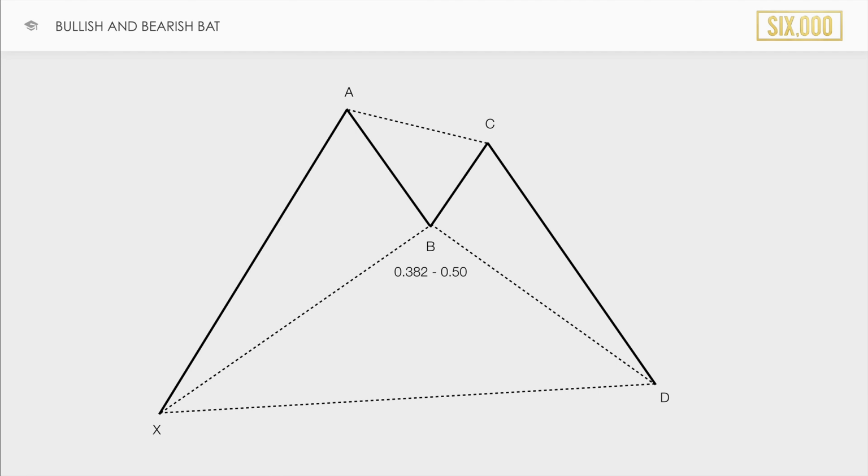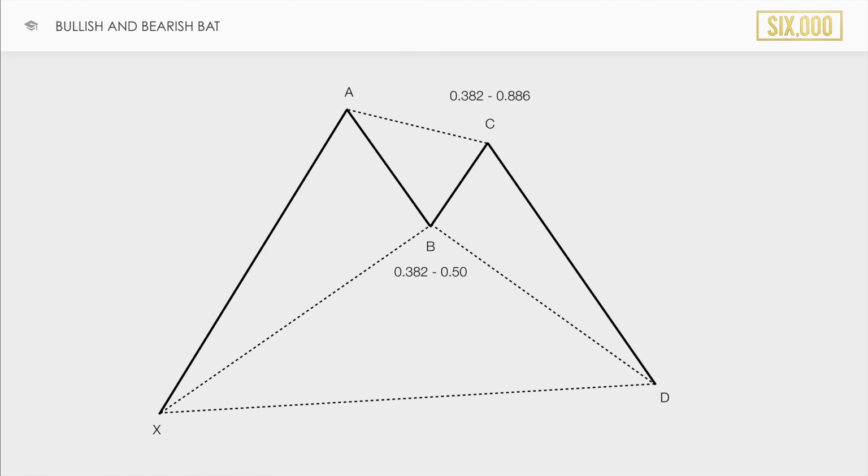But just for the purpose of the 14-day course and to reduce any room for error, I want you guys to look for very precise and accurate ratio measurements. So you want it to be exactly 0.382 or exactly 0.5. You want it to be within a close proximity. You don't want it to far exceed that 0.5 measured level. And there is a degree of flexibility in these measurements, what we call a flexible framework. And this will be defined in the Harmonic Mastery course at a later date.